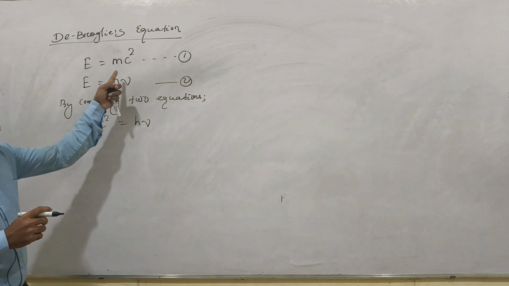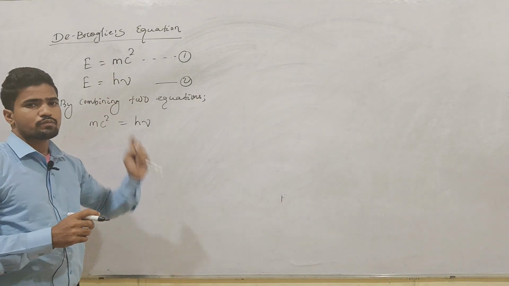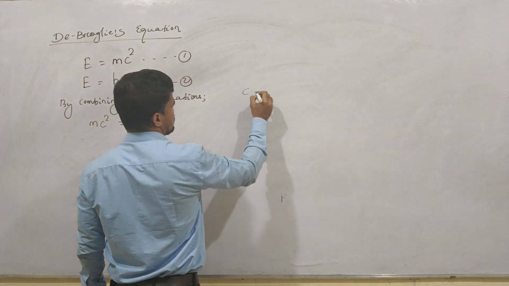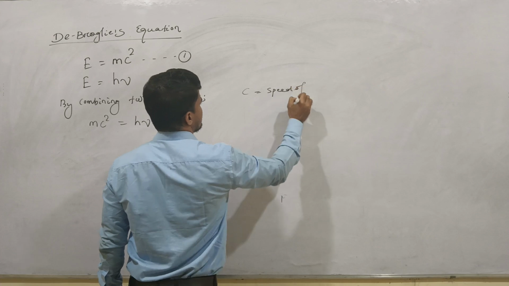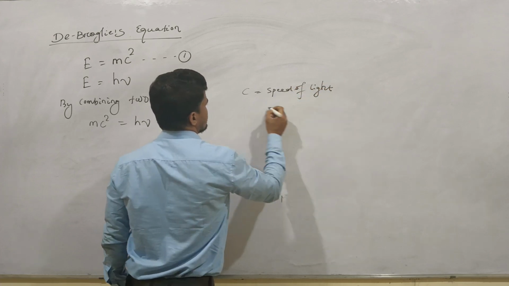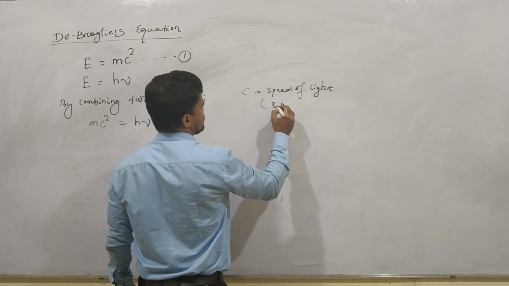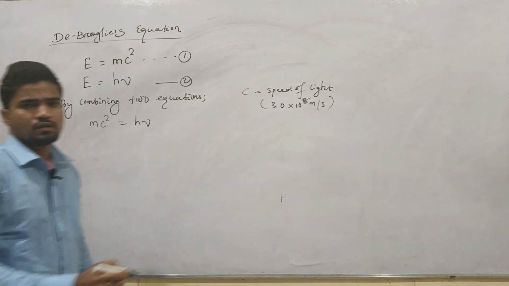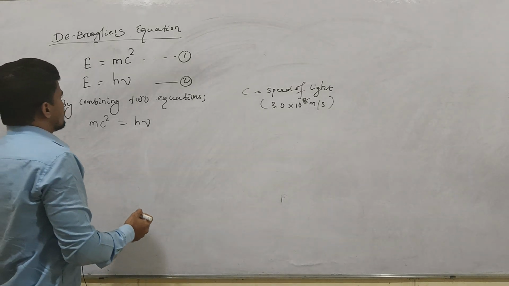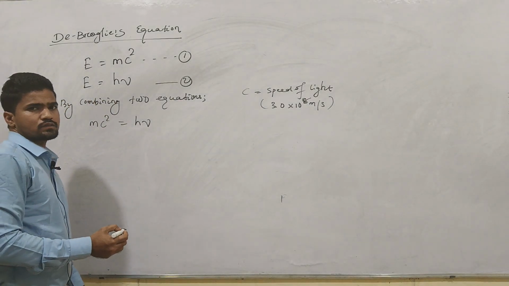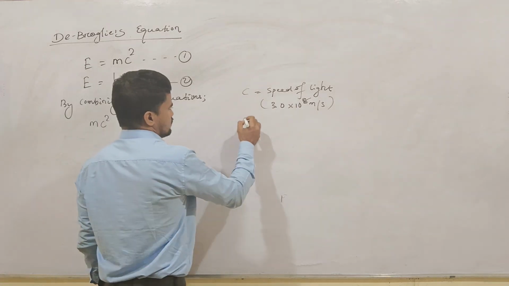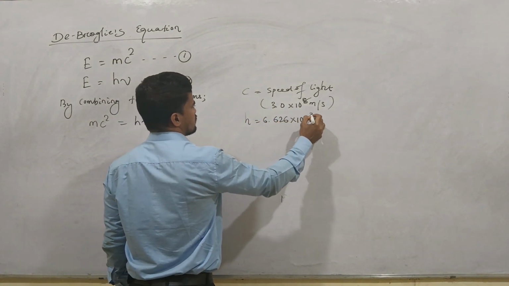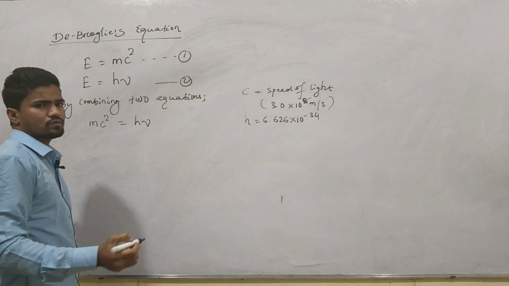Here m is the mass of the object. c is the speed of light in space, whose value is 3.0 into 10 to the power 8 meter per second. h is Planck's constant, whose value is 6.626 into 10 to the power minus 34 in different units.